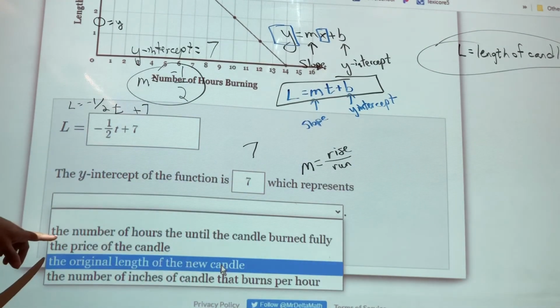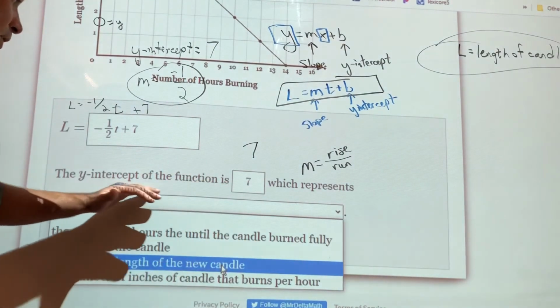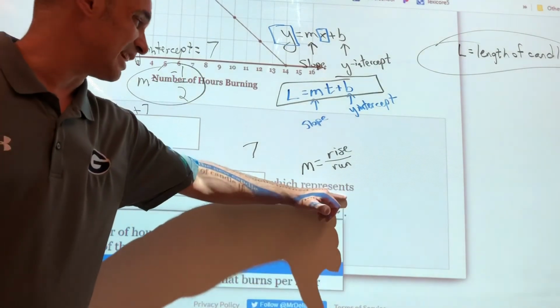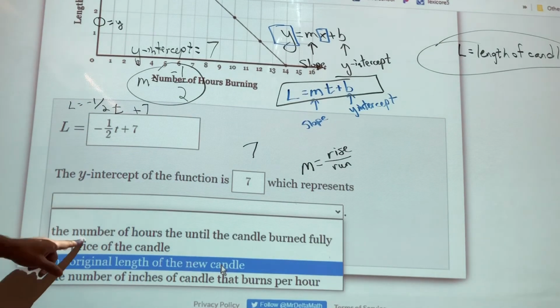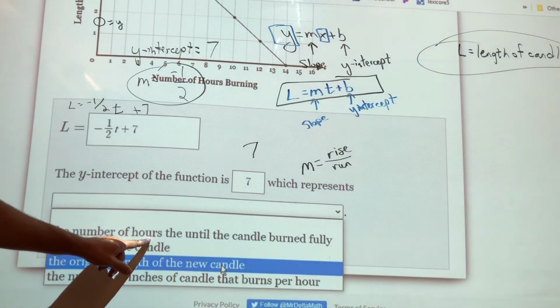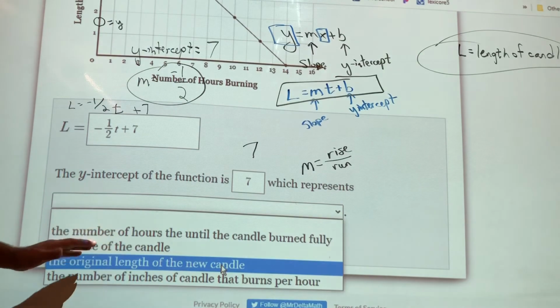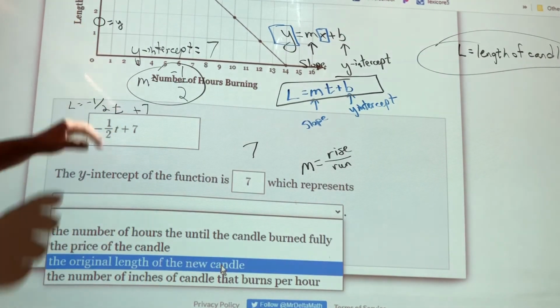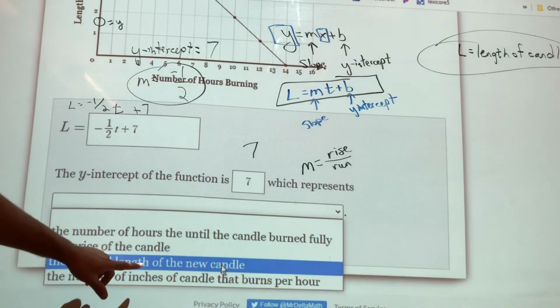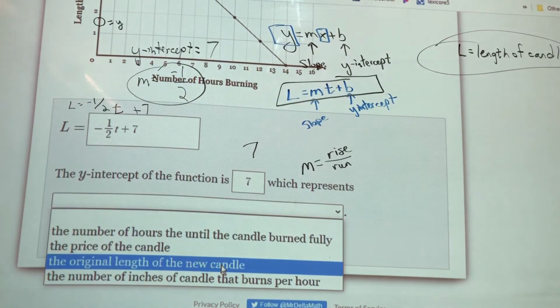And then it's asking, the y-intercept of the function is 7, which represents, well, this represents length. So I want to look for the word length here. This is the number of hours until the candle burned fully. Well, that's not length, so that's not it. The price of the candle, they never mention the price of the candle. The original length of the new candle, that seems like that might be it.